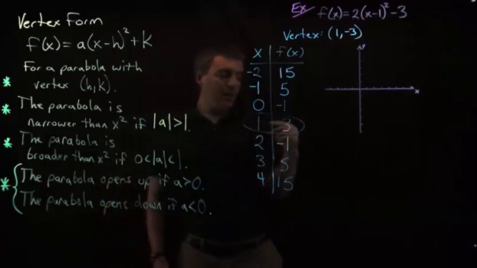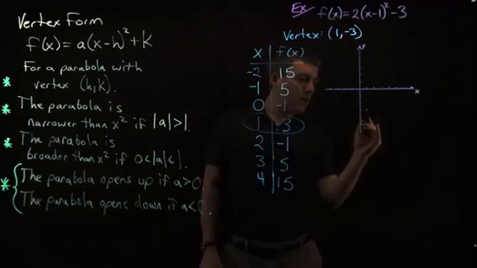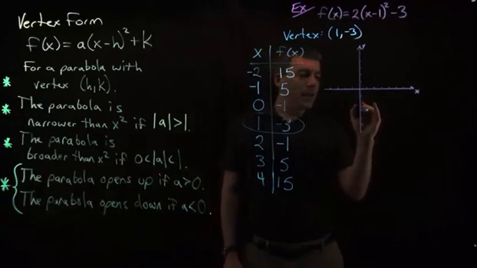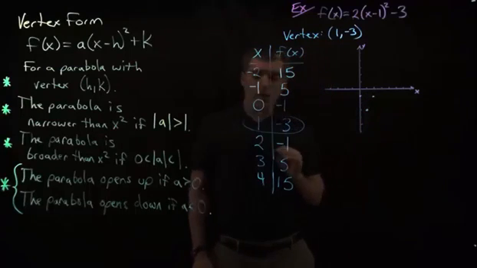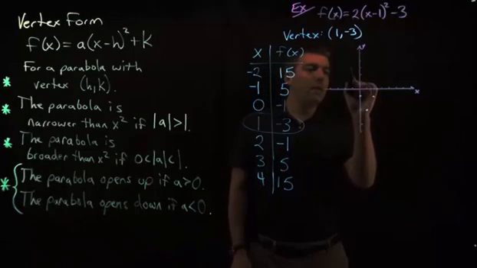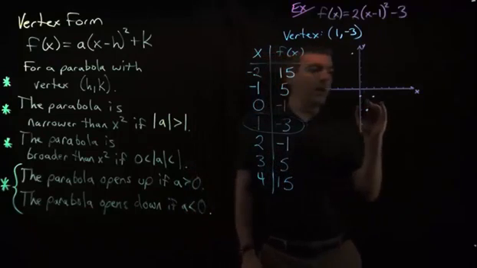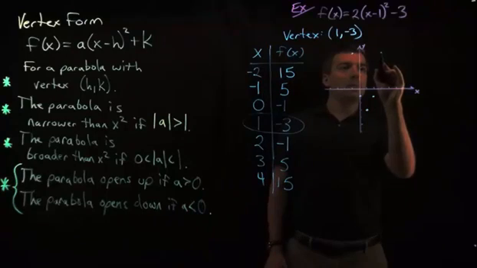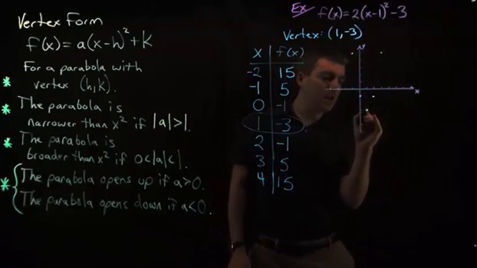All right, let's plot this. So 1, negative 3 is our vertex. Then 0, negative 1. 2, negative 1. Negative 1, 5. And 3, 5. And then we'll connect this with a smooth curve.